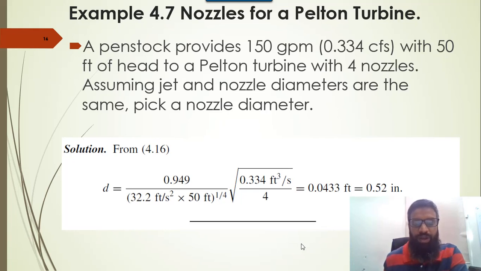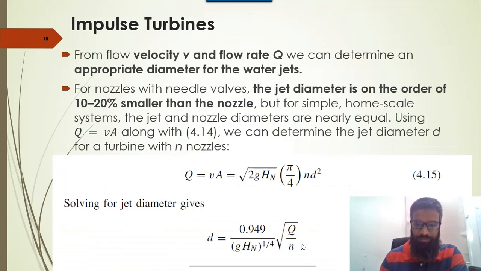So this is an example. A penstock provides 150 gallons per minute, approximately equal to 0.334 CFS, with 50 feet of head to a Pelton turbine with 4 nozzles. Assuming the jet and nozzle diameters are the same, pick a nozzle diameter. In this example we have to calculate the nozzle diameter, so we will use equation 4.16.